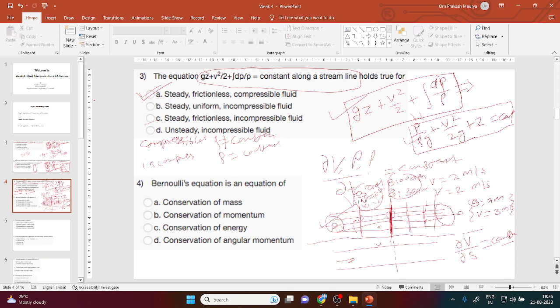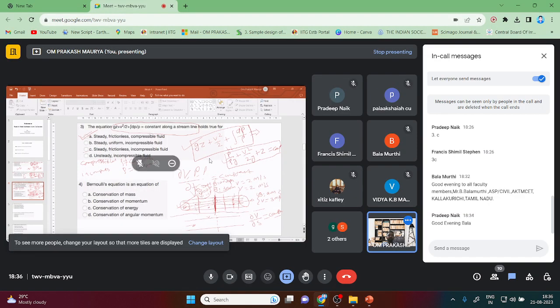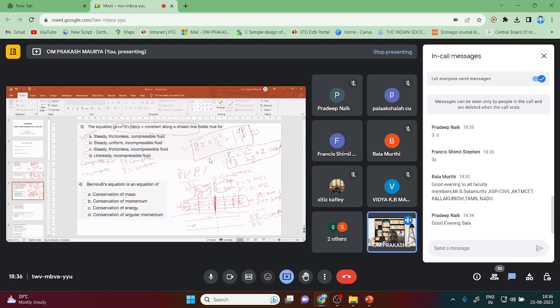But that dp by rho, the rho is actually constant, isn't it? In the integral, dp is the derivative and rho is constant. Oh, you are telling we can consider here the rho is constant? Oh no, no, no. Here the integration sign is given for that only.